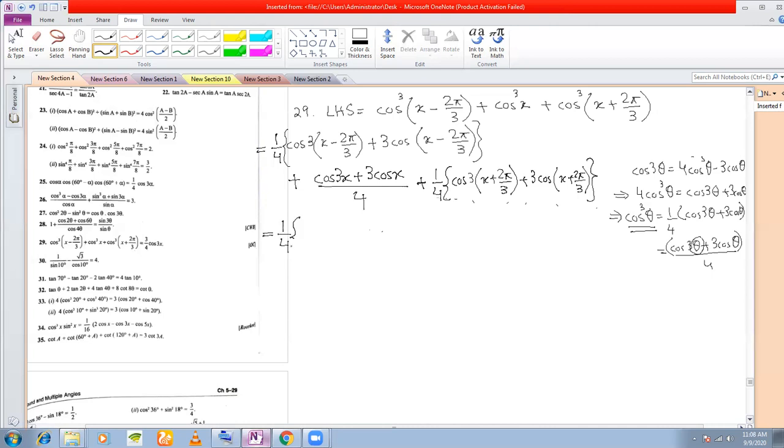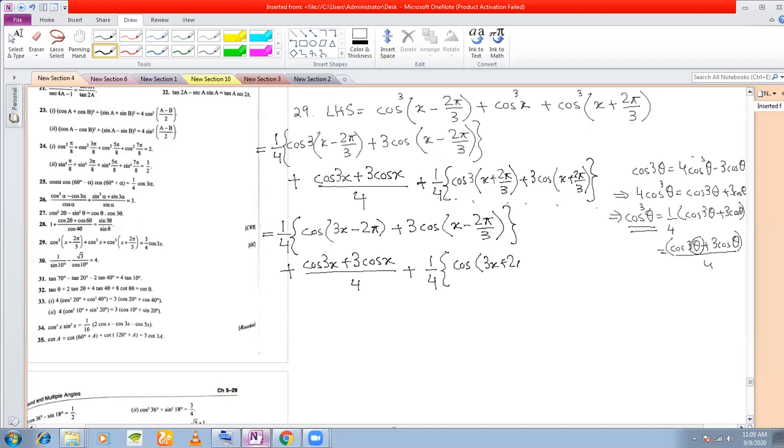Let us simplify. If you multiply this by 3, you get cos (3x minus 2 pi) plus 3 cos (x minus 2 pi by 3), which we will leave as it is, plus (cos 3x plus 3 cos x) by 4, plus 1/4 of cos (3x plus 2 pi) plus 3 cos (x plus 2 pi by 3).